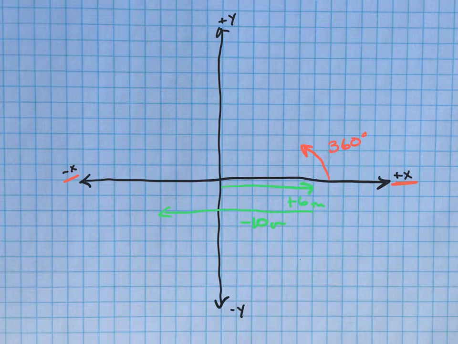And so if we were using these two displacement vectors and trying to determine our total displacement, our total change in position would be negative 4 meters. Right, and we could represent that with an arrow here.